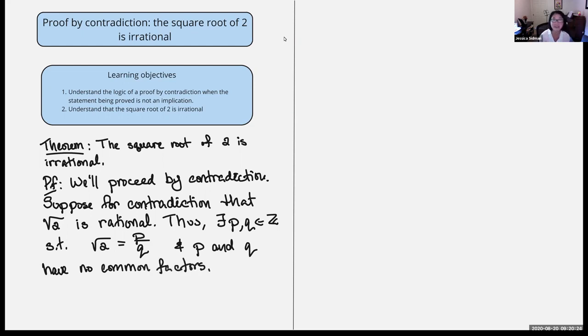So in other words, we've written this fraction in lowest terms. Okay, we've taken all the common factors out of p and q. So this is believable.